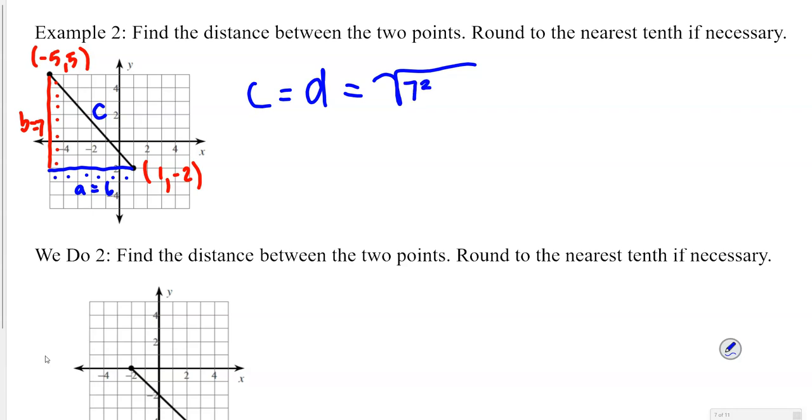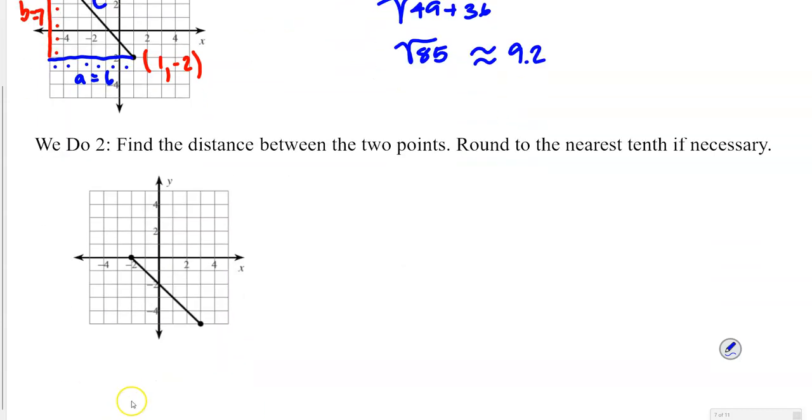So this is going to be 7 squared plus 6 squared. That's 49 plus 36. And 49 plus 36 is 85. So the square root of 85. Again, try to see if you can simplify it. I don't think you can. So here, this is going to be an approximate length of 9.2. Okay? All right, let's do another one here.